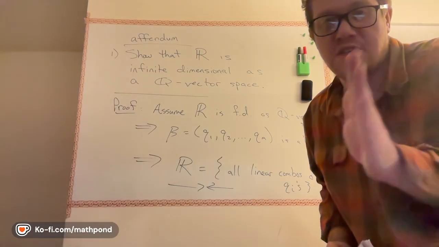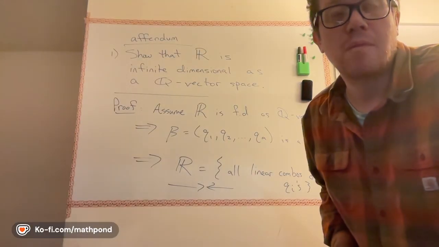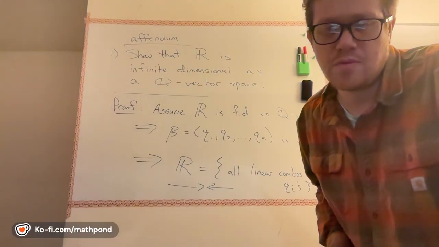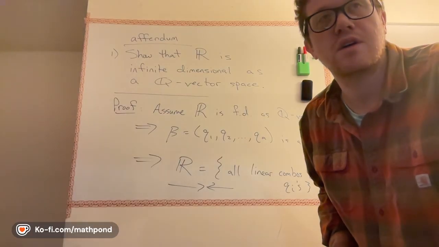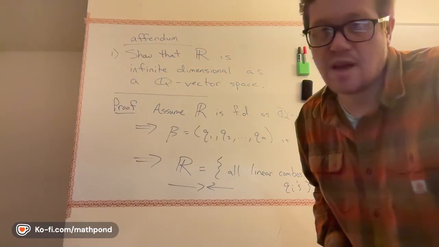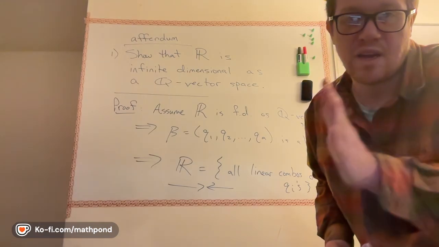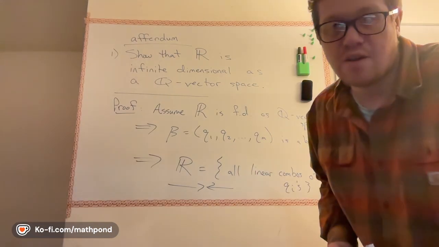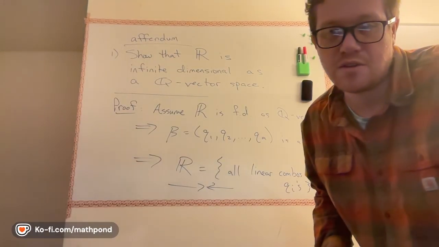But we know a finite Cartesian product, actually, I believe even a countable Cartesian product of countable sets is still, no, that's not true. I think for finite you're good. So Q to the n, a finite Cartesian product of countable sets, is still countable, and therefore it can't be bijective to R. So that would be a contradiction.